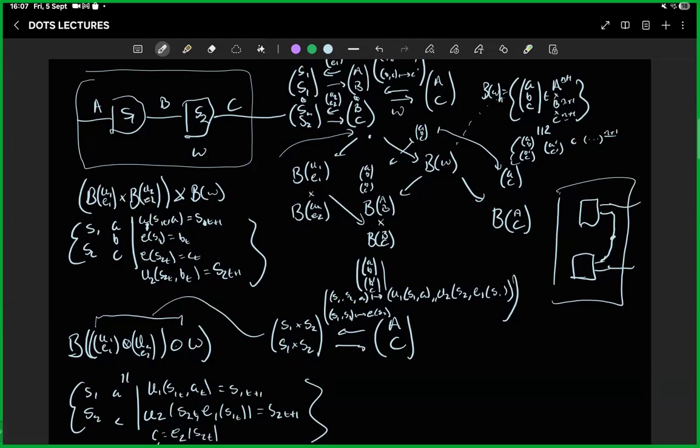That should have been fixed all the way up, right? Such that, as we have here, C prime is equal to C, which, by the way, is of course W of A, B, W of all that.